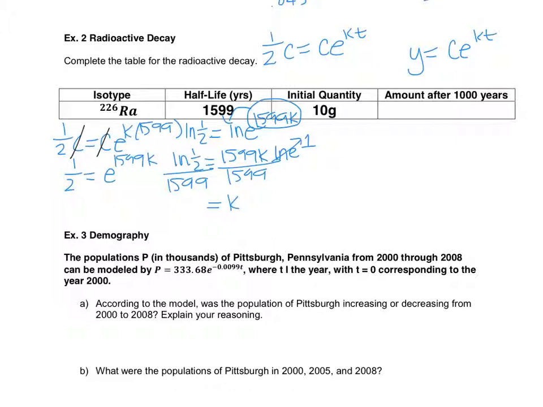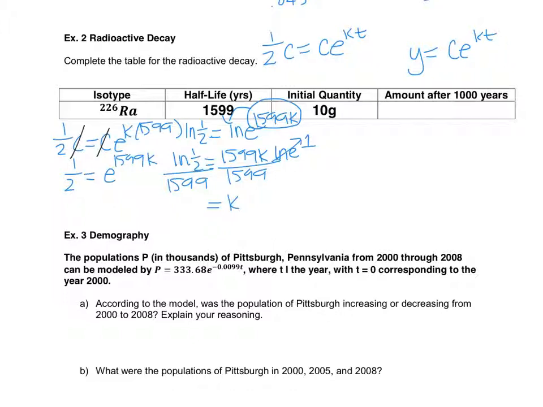I wouldn't plug that into a calculator because then you're going to be rounding and that could create a rounding error. So I'm going to use the k value, if you notice here. Now I'm going to move over to my actual formula for radioactive decay, where c is my initial amount, k is that number that you have to use, and t is for time.